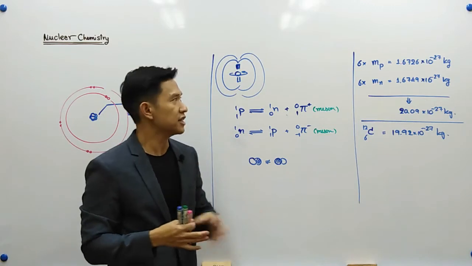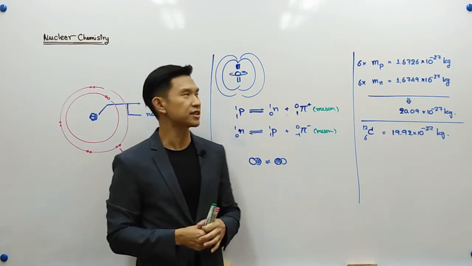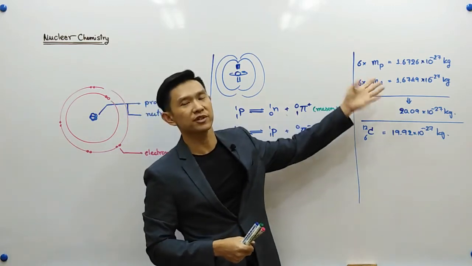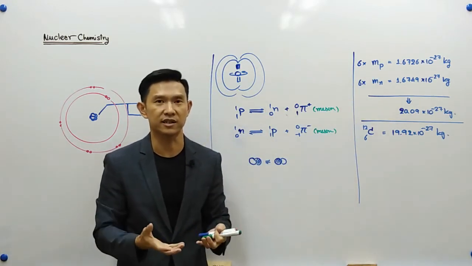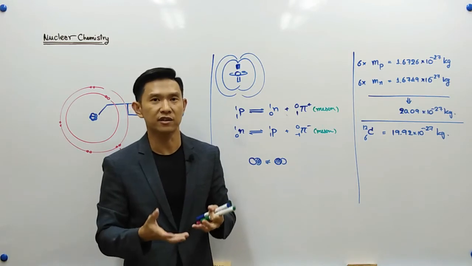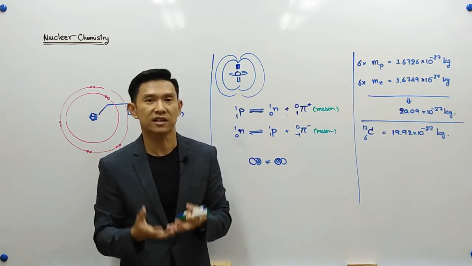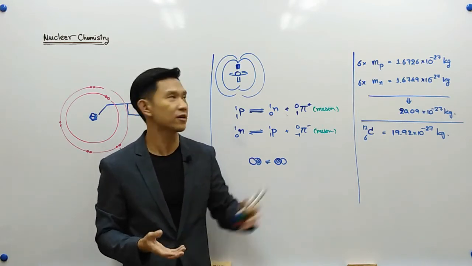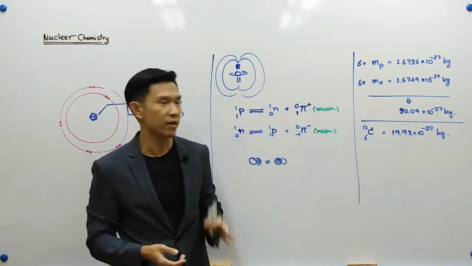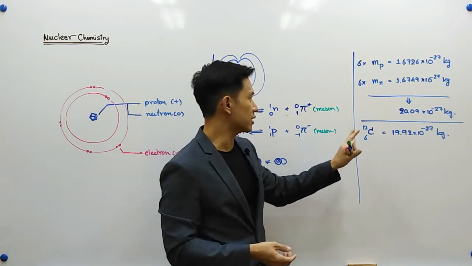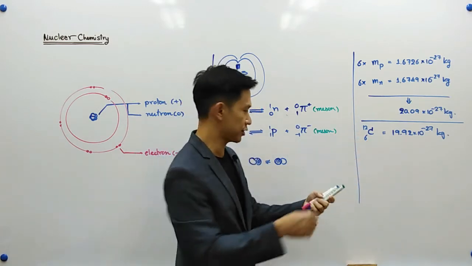It seems impossible, because it's like when you put 6 apples and 6 bananas together in a basket, but now the mass of the fruits in the basket is less than the mass of the apples and bananas, right? So why? As you can see, there is some kind of mass loss.